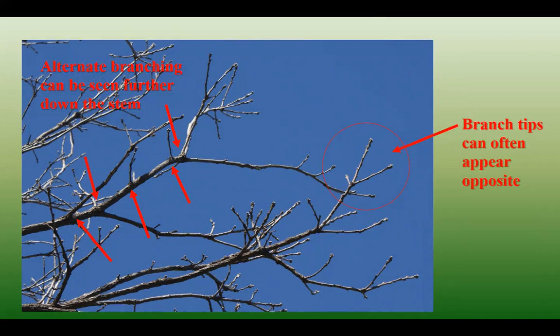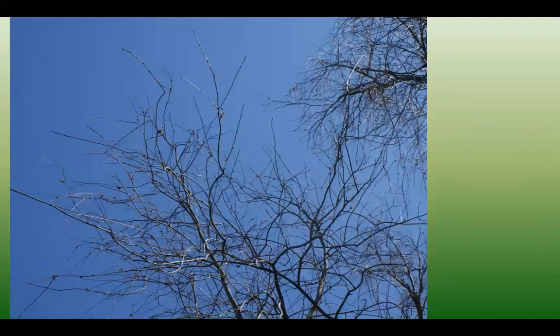And I took this picture purposefully trying to trick you guys with some opposite looking branches on an alternate tree. When you have the whole canopy to look at, you can spread out your field of vision and where you look, and you can probably see better examples around the canopy as you start to look in different areas. So here's another example of that same kind of view you get from the ground. And in this case, this is actually an opposite branching tree.